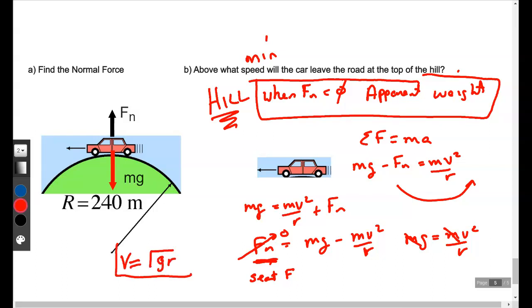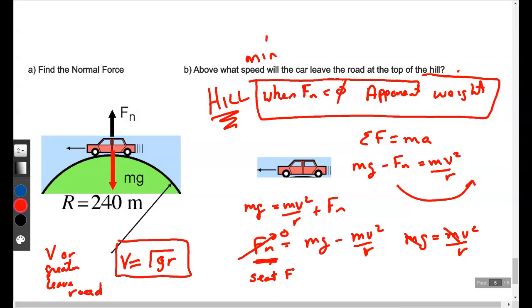So all of these limit situations, v equals radical gr. Now this is not a minimum, this is a maximum speed. So actually, this is the minimum speed at which, if it's that velocity or greater, you leave the road.